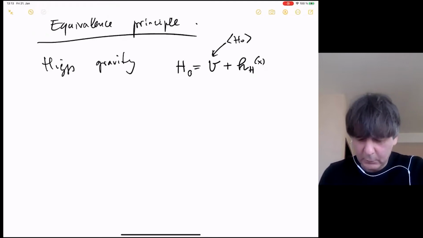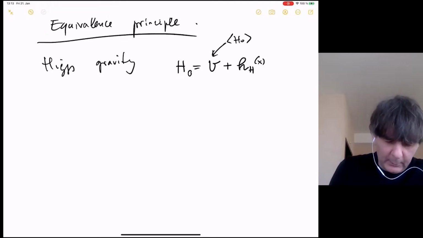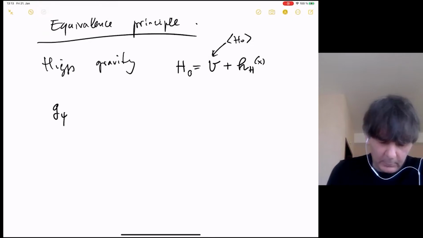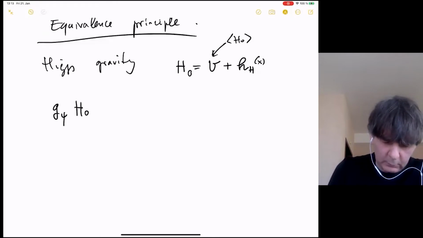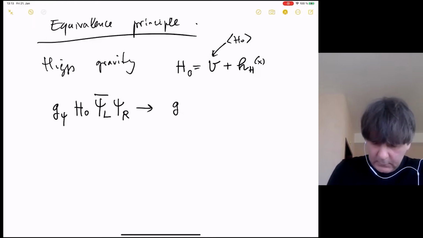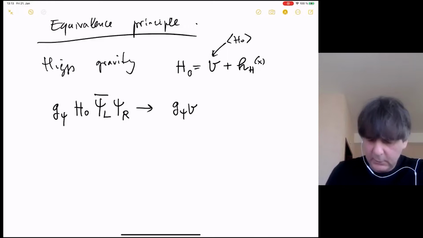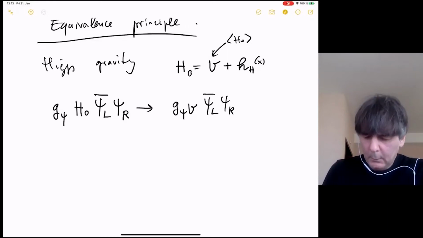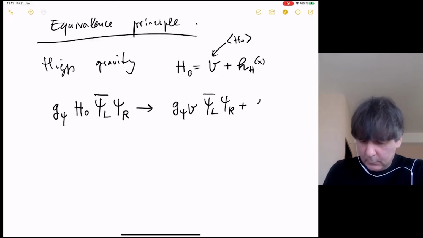H sub H. So now we had a coupling with fermions, right? We have a Yukawa coupling of the neutral Higgs component with fermions of all possible flavors. When we plug this expression in, there is a mass generated for the fermion, psi L bar psi R, plus the coupling with the Higgs boson. So the Higgs boson couples with the same strength as the Yukawa coupling to the fermion.